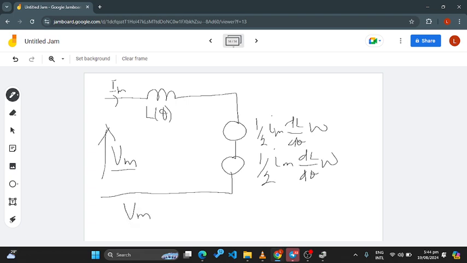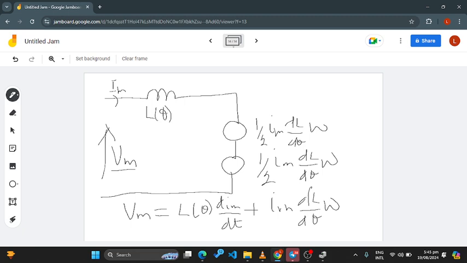I have Vm is equal to L of theta times dIm dt plus Im dL d theta omega.